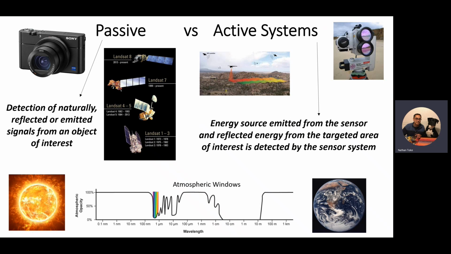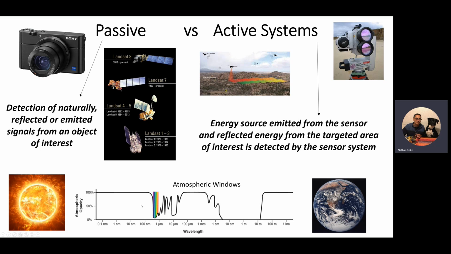So passive versus active systems. Passive systems are the detection of naturally reflected or emitted signals from an object of interest. A camera, like we see up here with this Sony camera, is collecting light signals in red, green, and blue within the electromagnetic spectrum. We can see here the visible realm of the electromagnetic spectrum. You can see our atmospheric opacity is pretty low, meaning that light comes through at these wavelengths of red, green, blue to the Earth very easily.